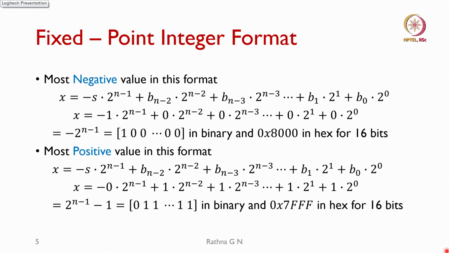All of us know what range this number format can take. The most negative value in this format is x given by minus s into 2 power n minus 1 plus the remaining bits, and we know the sign bit is equal to 1.